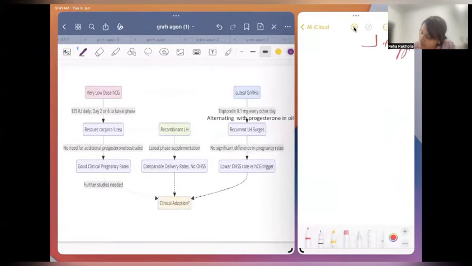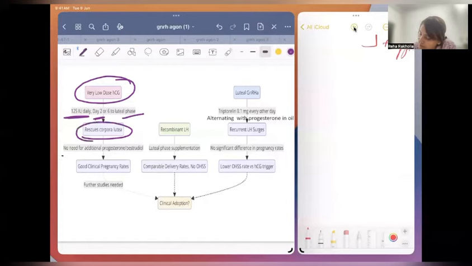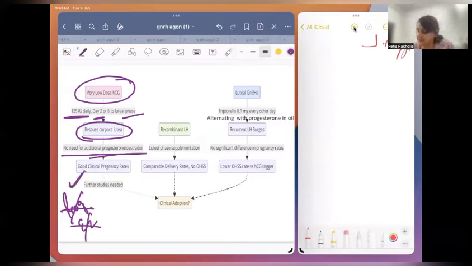Now there is one flow chart. Very low dose HCG is 125 international units. We start it on day 2 or 6 of stimulation through the luteal phase. It will rescue the corpus luteum. We don't need exogenous progesterone and estradiol. Good clinical pregnancy rate, further study is needed.